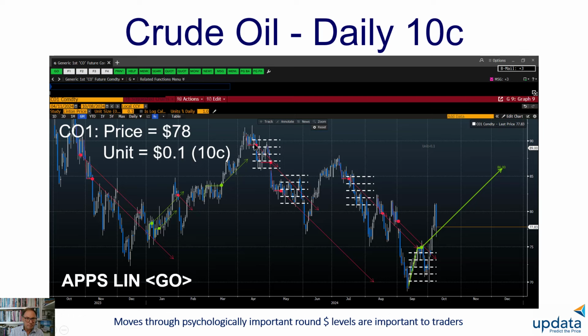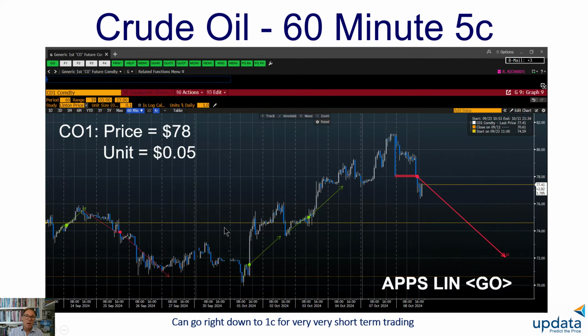Here, every dollar is going to really count, and so you want to think about every 10 cents in the move taking you through those round levels, and that means your targets will also project to very round levels based on those moves. So where there are psychologically important round levels, like a dollar, levels that are important to traders, then the arithmetic chart is probably the better one to use. Here we see crude oil on the 60-minute chart, and now we're thinking 5 cents.